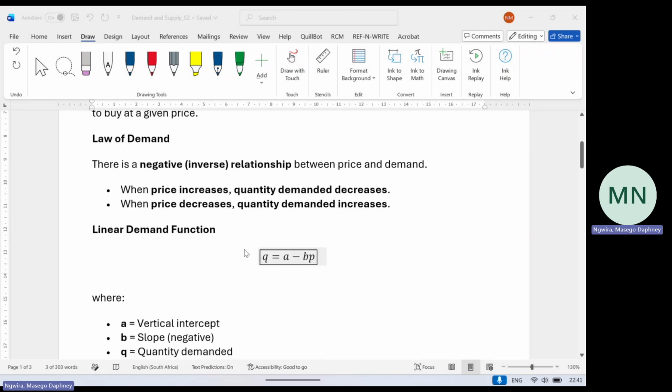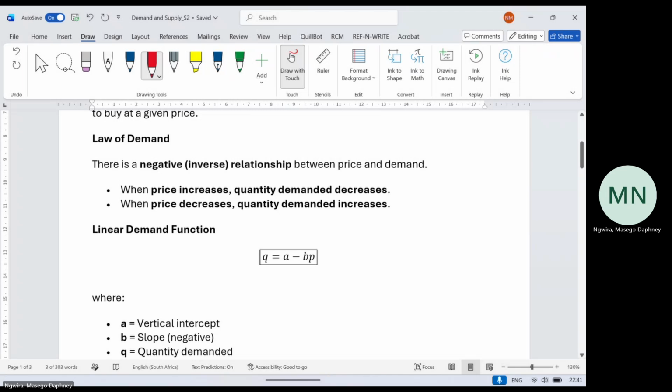A linear demand function is given as Q equals A minus BP. So Q is your dependent variable, which is your quantity demanded.